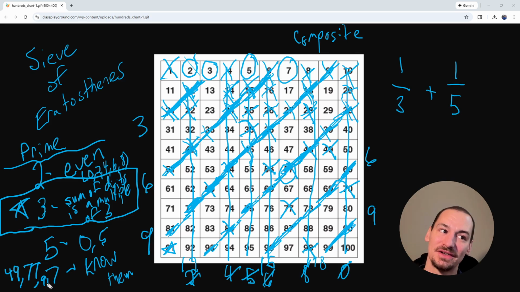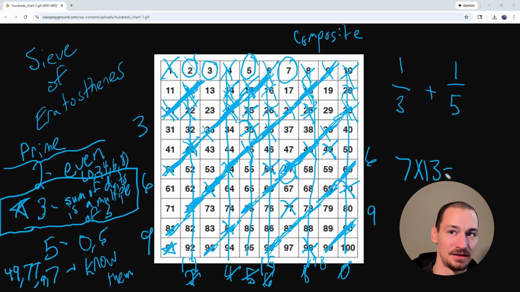But 91, I don't think anybody counts their multiples up to 91 usually. If they go beyond 10, they usually stop at 12. So there are people out there that know that 84 divided by 7 is 12. I don't think very many people know that 7 times 13 is 91. So 91 is not prime.